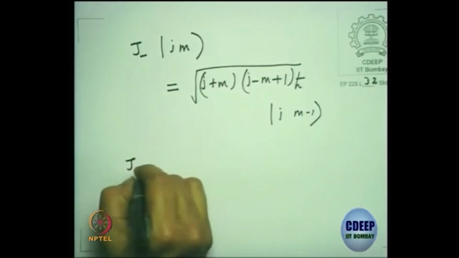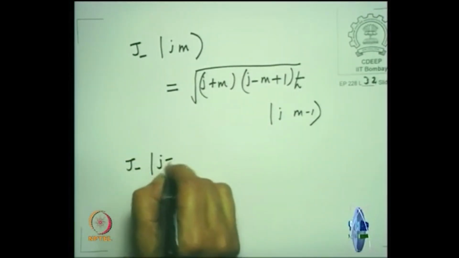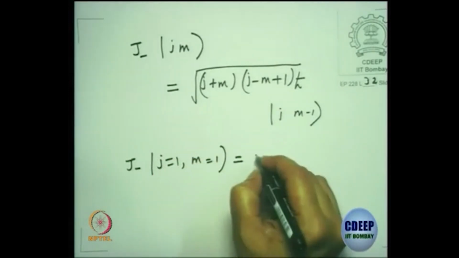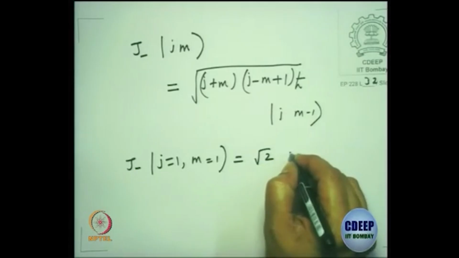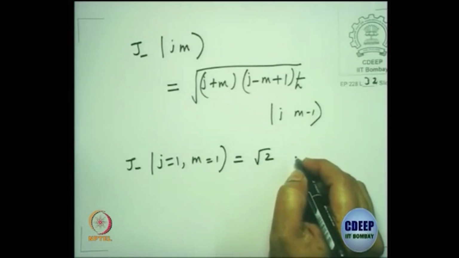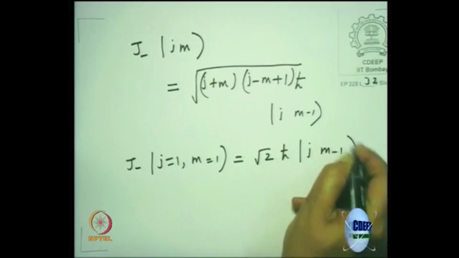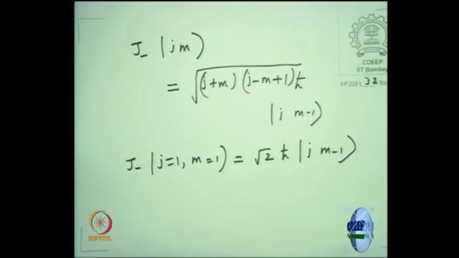So J minus on J equal to 1, M equal to 1 will be this. So this is the left hand side.